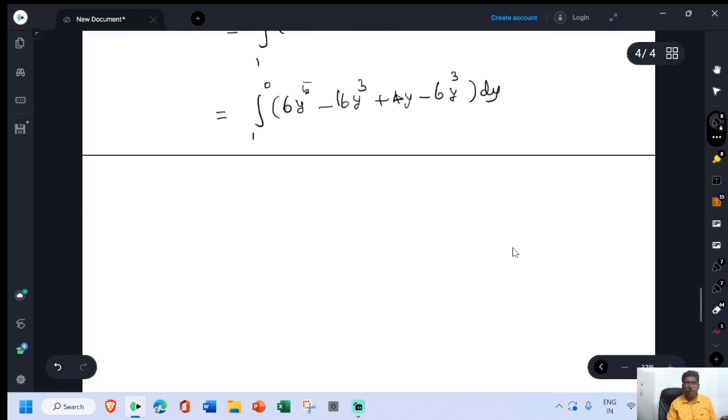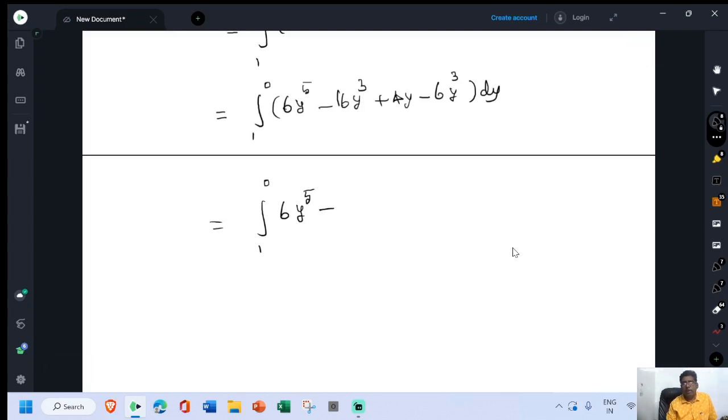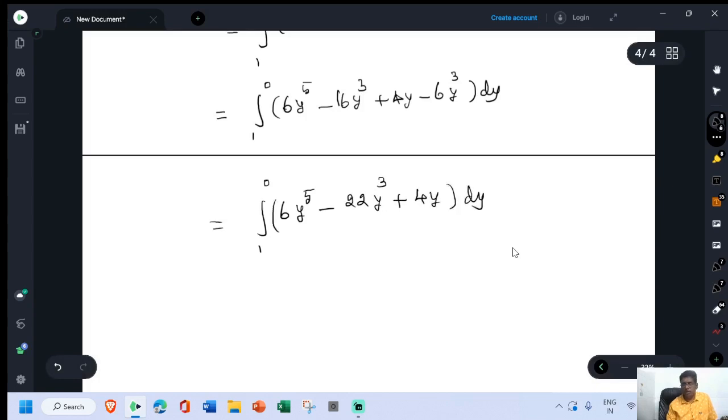Then this is equal to integral 1 to 0, 6y power 5 minus 16y cube minus 6y cube, that is minus 22y cube plus 4y. Entire is multiplied by dy.